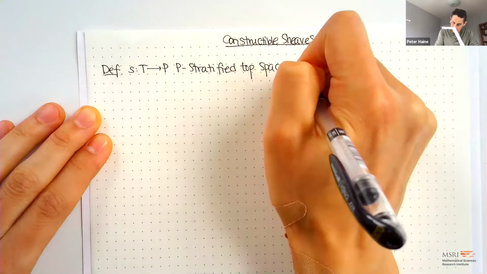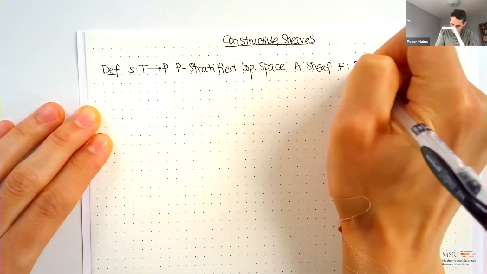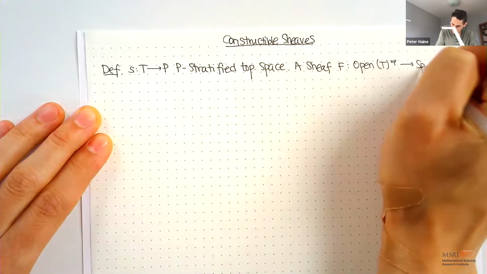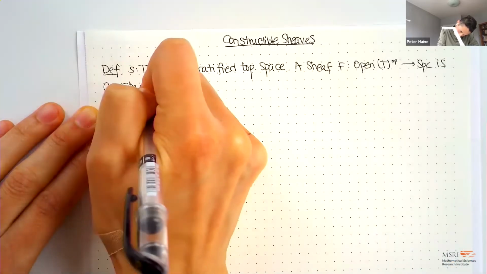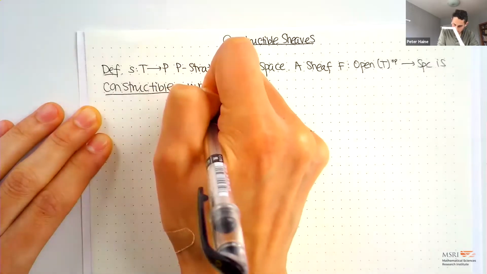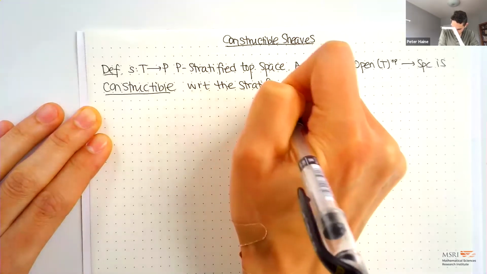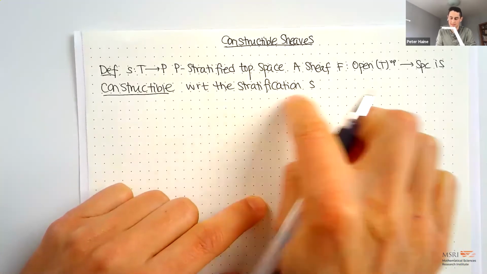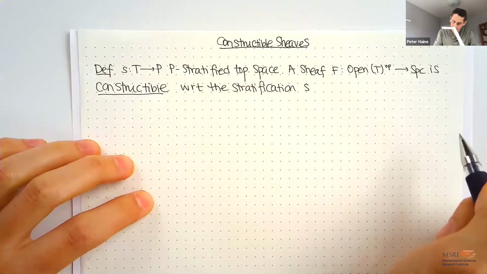Then a sheaf F, taking open subsets of T to spaces, is constructible with respect to the stratification. Usually I'm just going to call this being P-constructible and leave the stratification implicit.